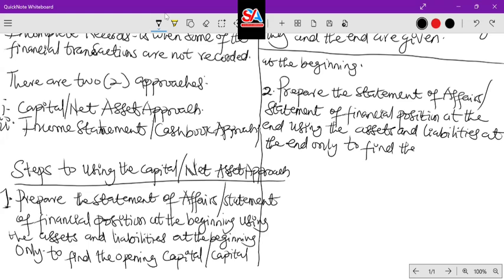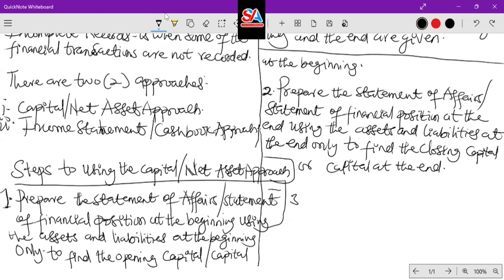To find the closing capital, or the capital at the end, right? Capital at the end.